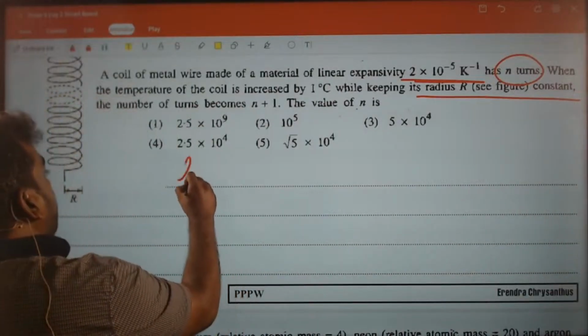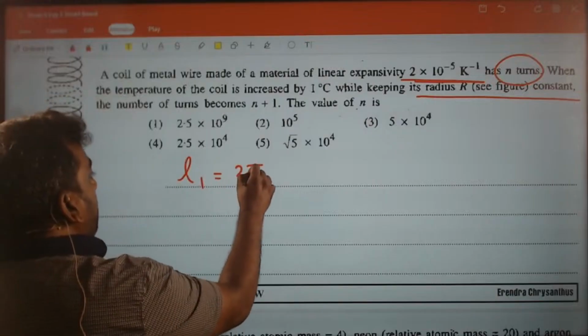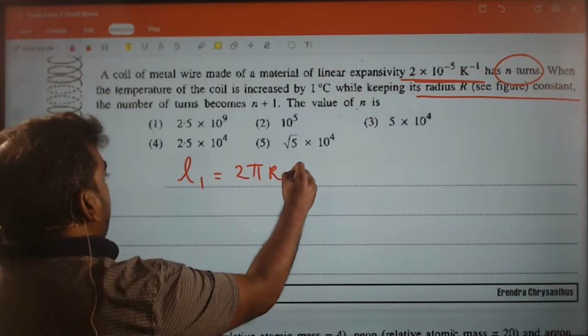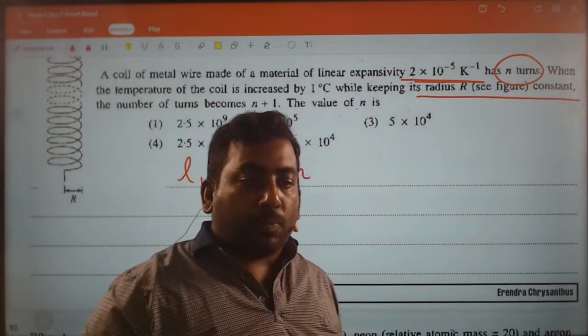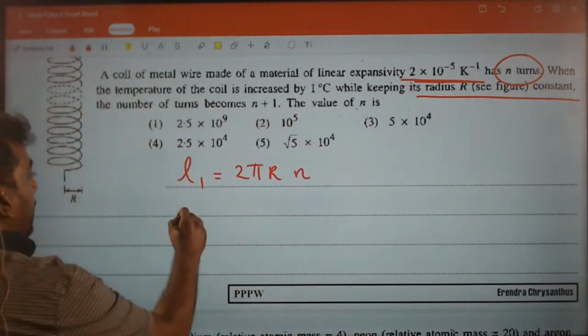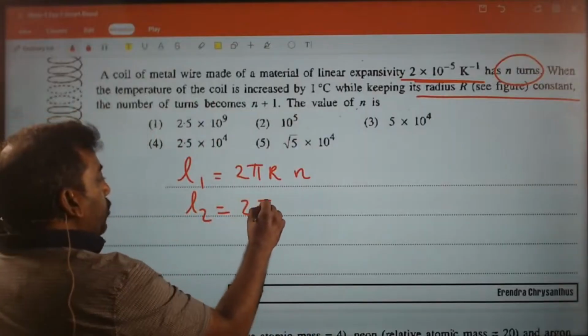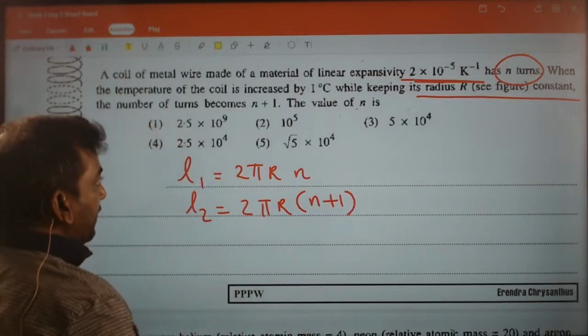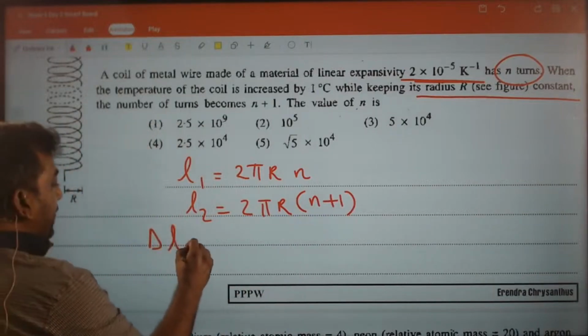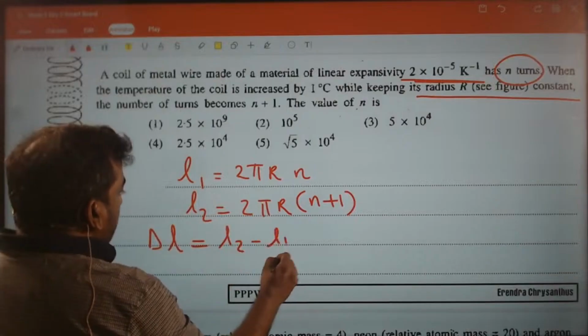So you can take the initial length. Initial length is 2πr times n. So one coil is going to be 2πr times n. Final length is 2πr times (n+1). So here we can say the expansion ΔL is L2 minus L1.